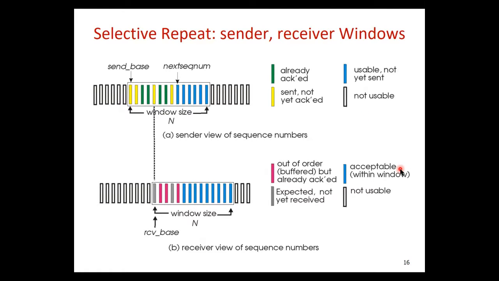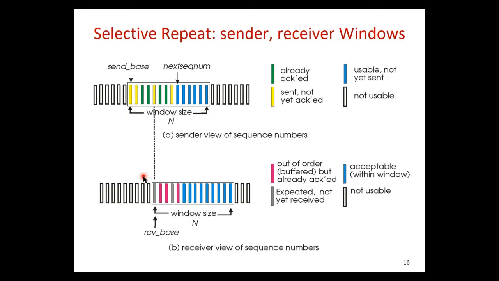Okay, and then I think there's another comment. What happens since 5 and 6 are unusable at the receiver? The receiver will receive 5 and 6, but it will simply send back an ACK and then ignore them because it knows that those are duplicates, since the ACK was lost.